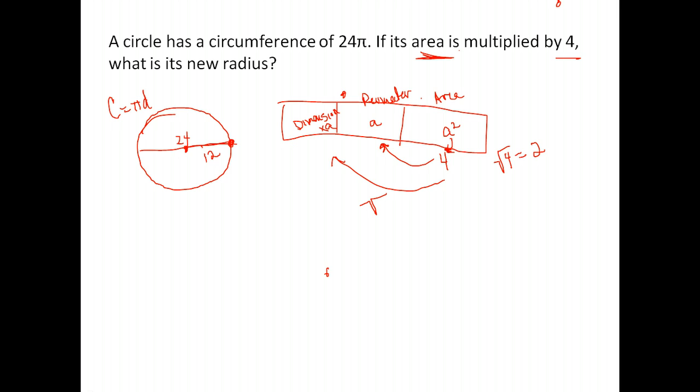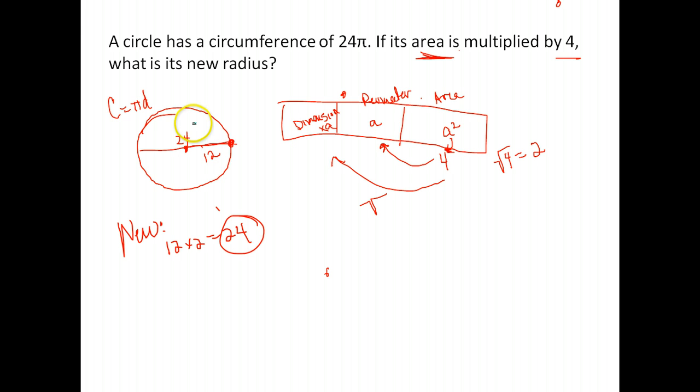So the new radius should be twice that, we decided. So our new radius should be 12 times 2, or 24.